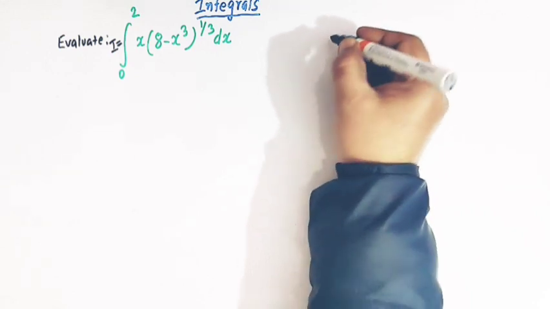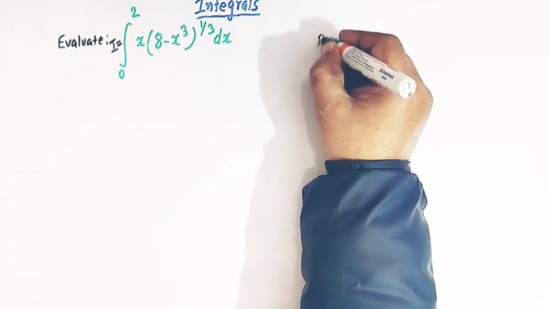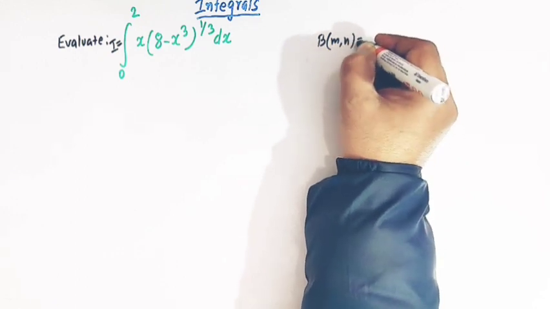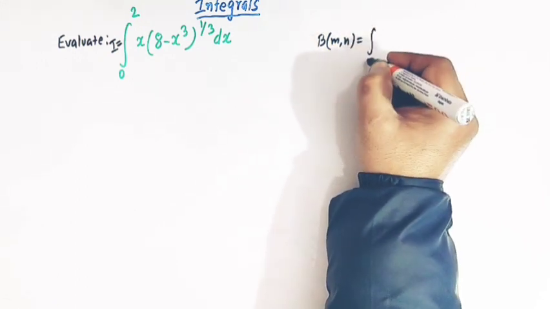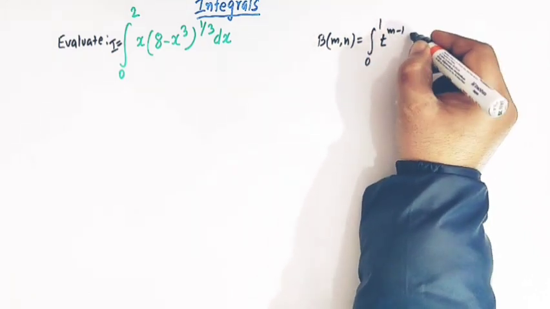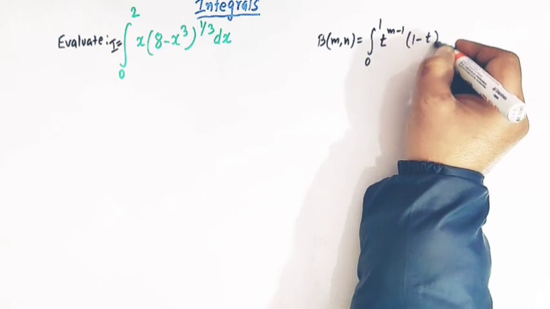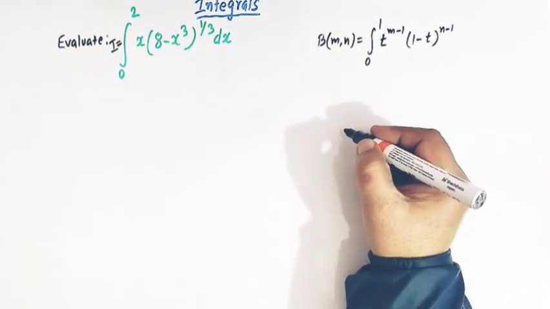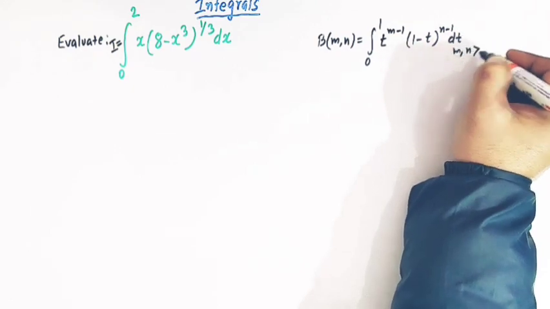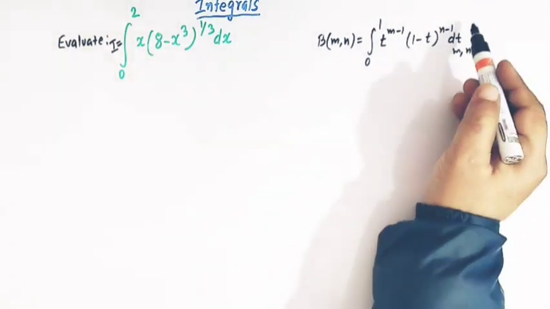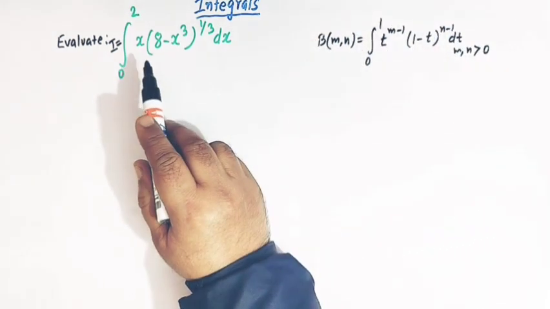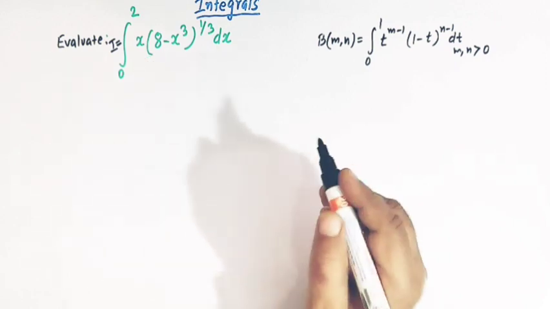The first step is to use this definition of the beta function, that beta m comma n is given by the integral from 0 to 1 of t raised to m minus 1 times 1 minus t raised to n minus 1, where m and n are greater than 0. This is the important definition which is used in this integral.